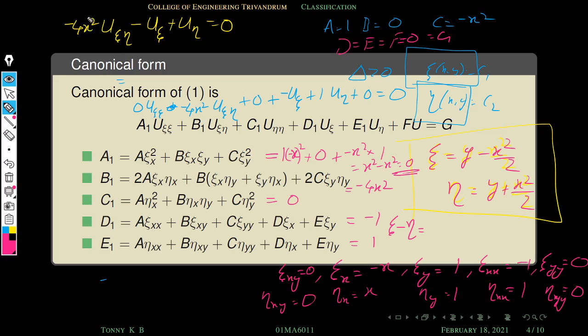We have to replace this x square. സൈന്റെ സിമ്പിൾ എങ്ങനെയാണ്. ഓക്കെ, this is psi, xi.